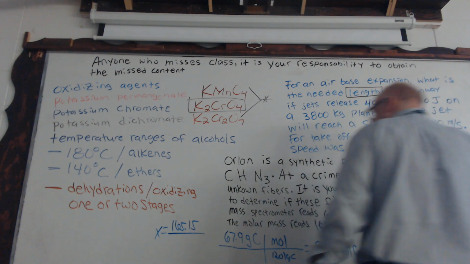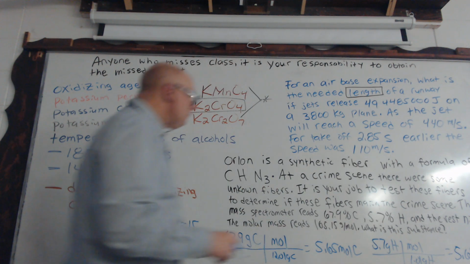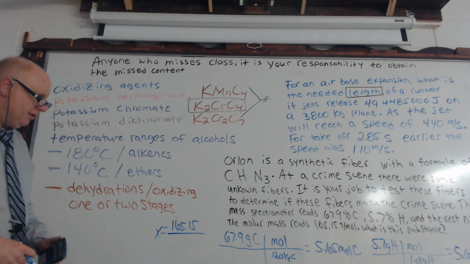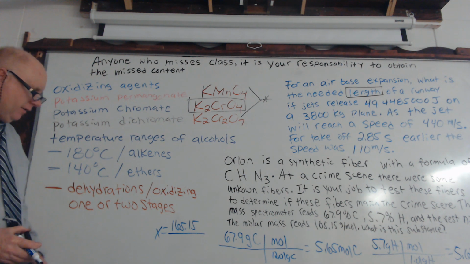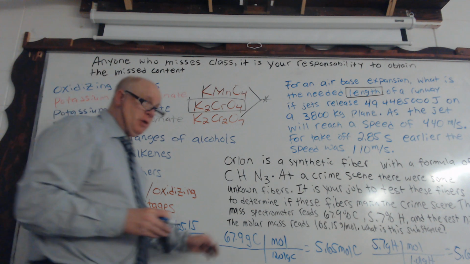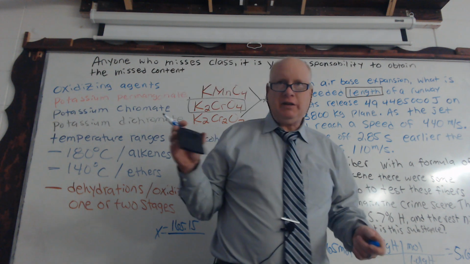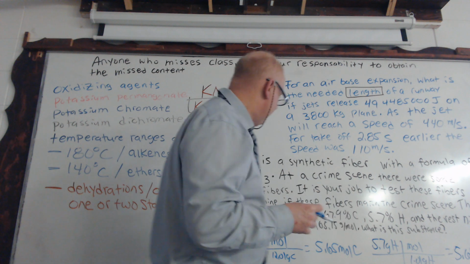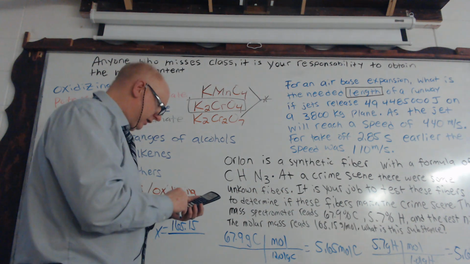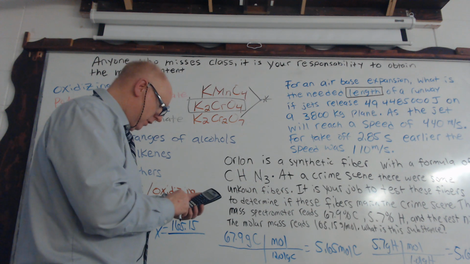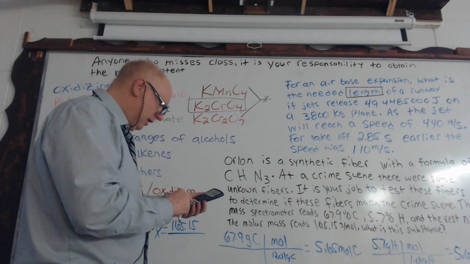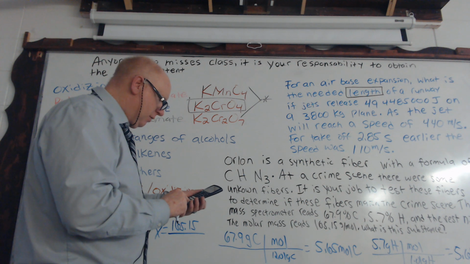Okay, so we still have one element left to deal with, and that's our nitrogen. From prior knowledge, since these are percents, we know they're going to add together to give you 100%. So you could take 67.9 plus 5.7, and that gives you 73.6.